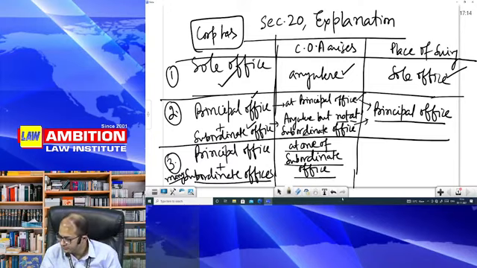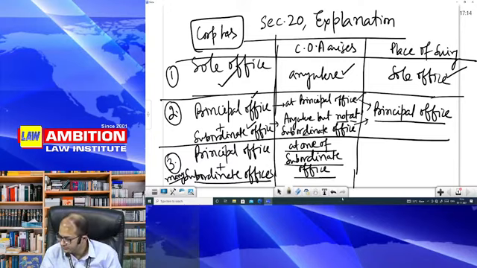Suppose CPC provides, as you have seen in sections 20 and 16, that there can be various courts. That courts A, B, C, D will have jurisdiction. Now the question is, X and Y, two parties, can they confer jurisdiction on E court, that is a fifth court?